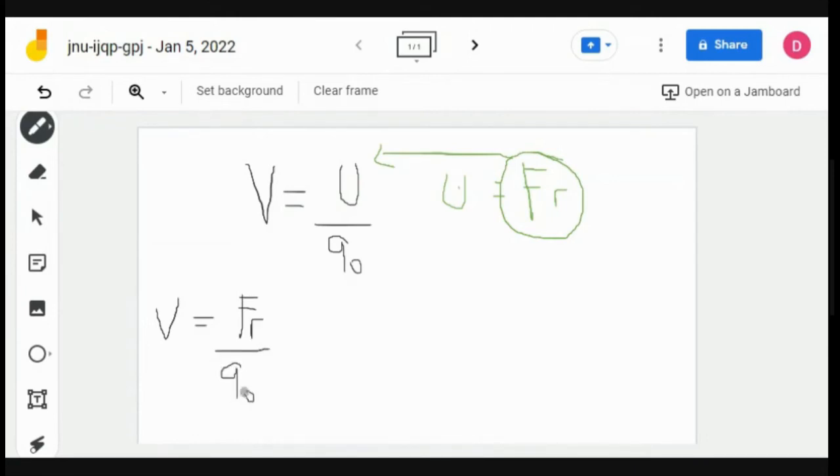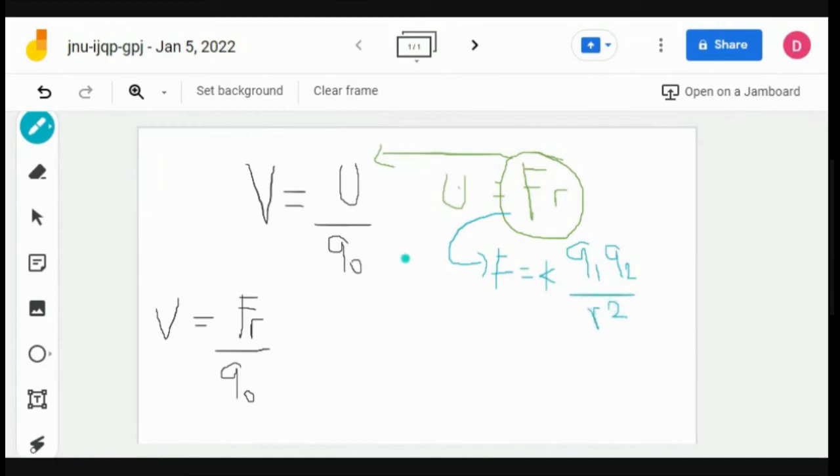Now what is F? Right? What is F? F is our electrostatic force. And electrostatic force is defined as F is equal to K, the Coulomb's constant, times Q1, Q2, all over the square of R.